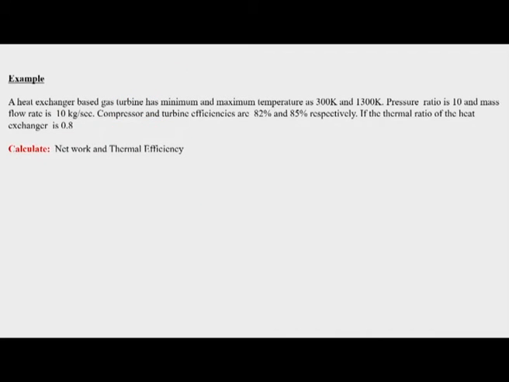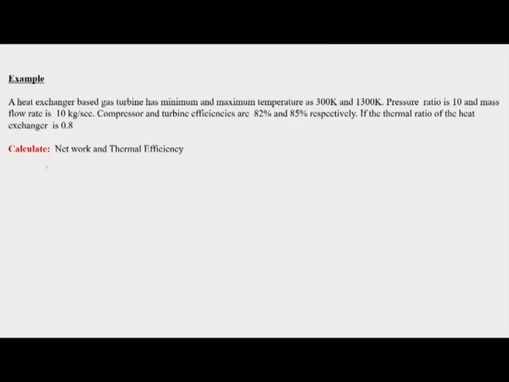So, for the next example, we will see that in this example it is told that there is a heat exchanger based gas turbine power plant, and it has minimum and maximum temperature as 300 Kelvin and 1300 Kelvin.